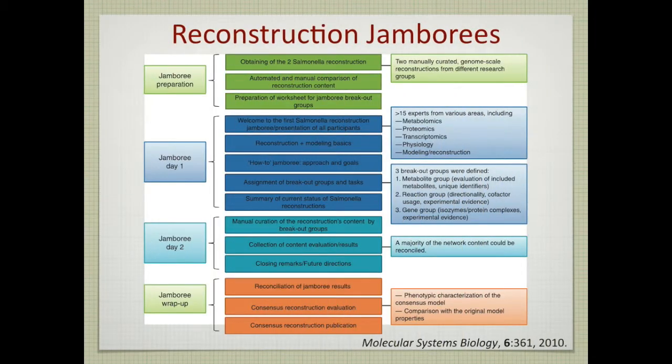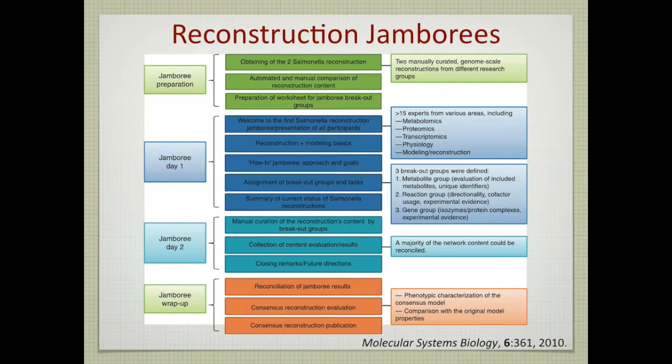I thought I should mention this notion of jamborees, following the previous slide. The E. coli model was done successively by basically an individual driving every reconstruction, every expansion, and curating it. The yeast history is a little different.